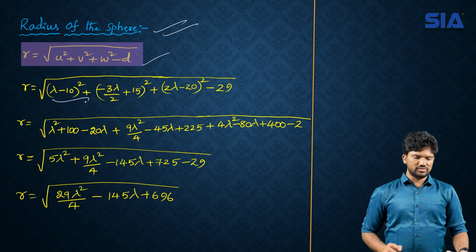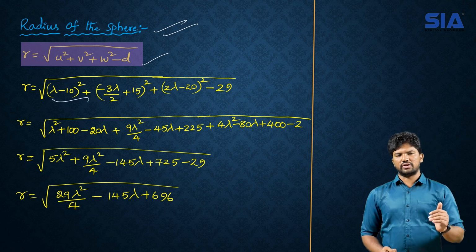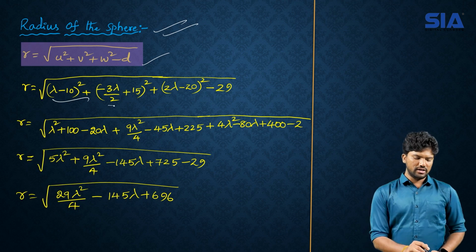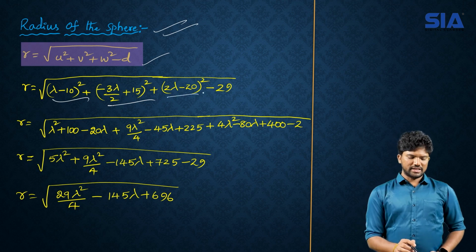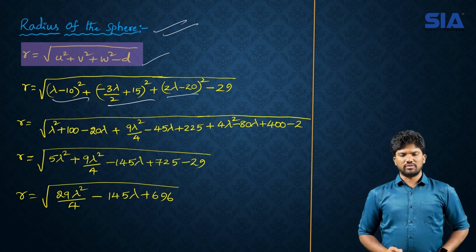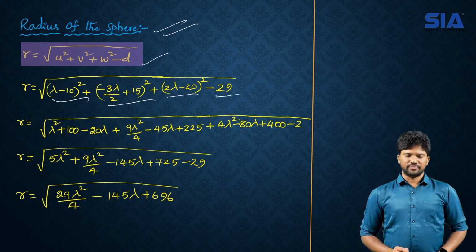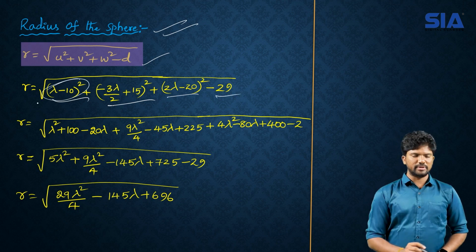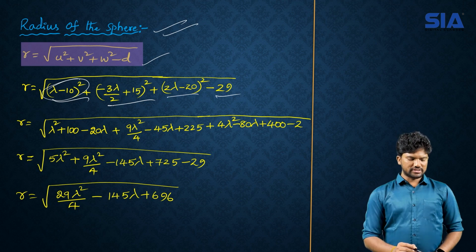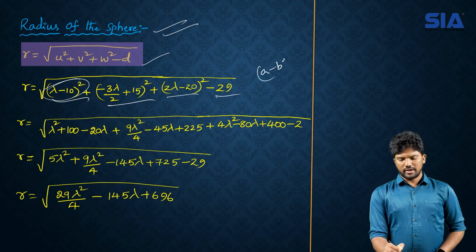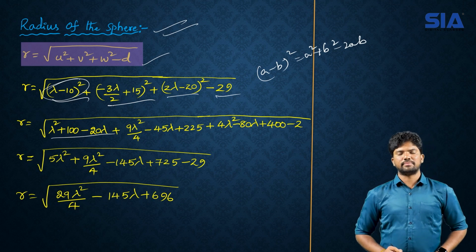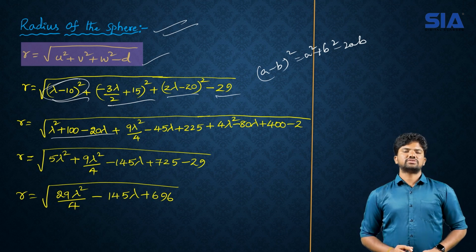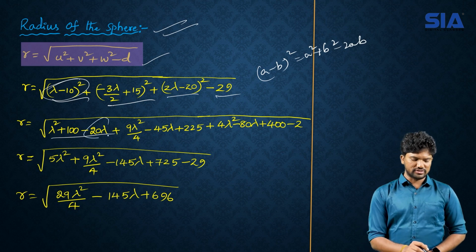Substitute the corresponding values. r is equal to under root of (lambda minus 10) whole square plus (minus 3 lambda by 2 plus 15) whole square plus (2 lambda minus 20) whole square minus 29, that is d. So expand these values using the (a minus b) whole square formula: a square plus b square minus 2ab. a square is lambda square, plus b square means 100, minus 2ab means minus 2 into 10 into lambda, minus 20 lambda.